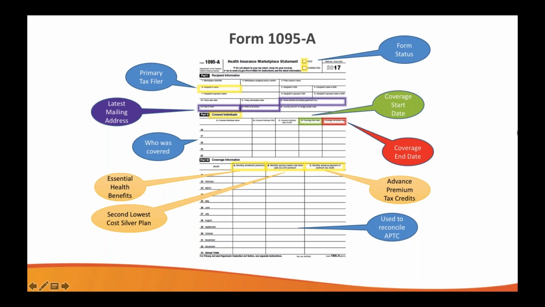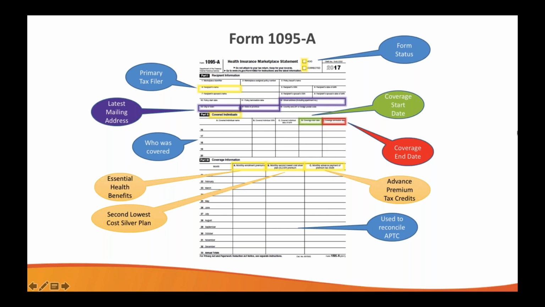What happens is if a household decides that they were eligible for Husky but chose not to take the Husky, they want the whole family on a QHP, the only individuals that would show with a second lowest silver would be the 2 that were only eligible for the QHP. You can't be eligible for Husky and also a QHP. So anybody that's eligible for Husky would not be reflected in column D.